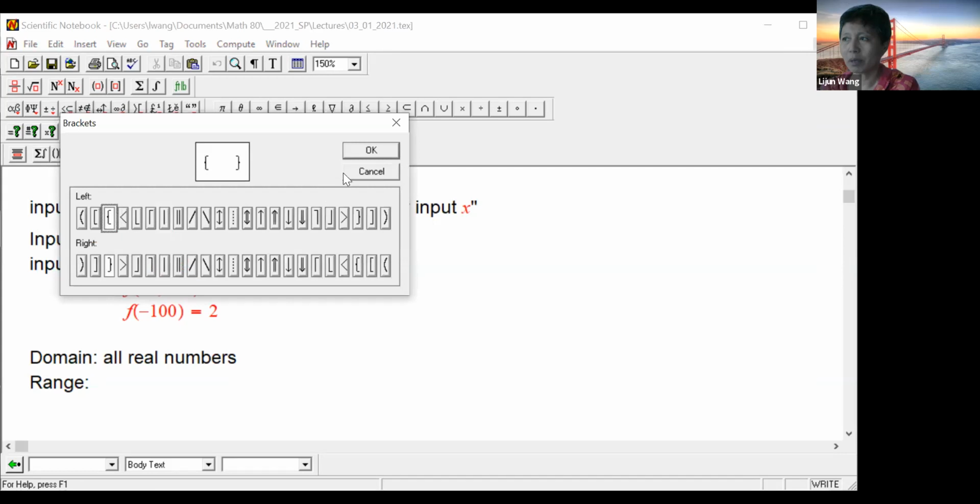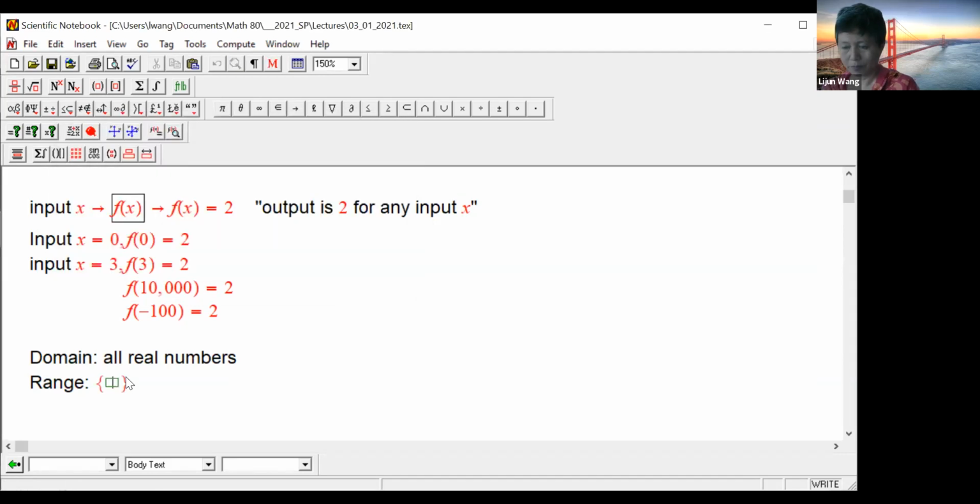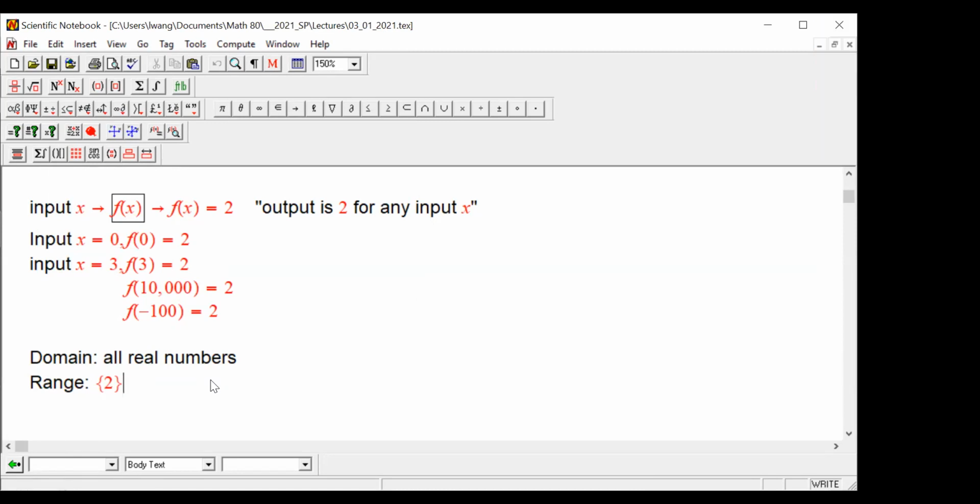We use a curly bracket, 2. There's only one output for each input, that's right. There's one number and one number only in the range. So that's the nature of this function.